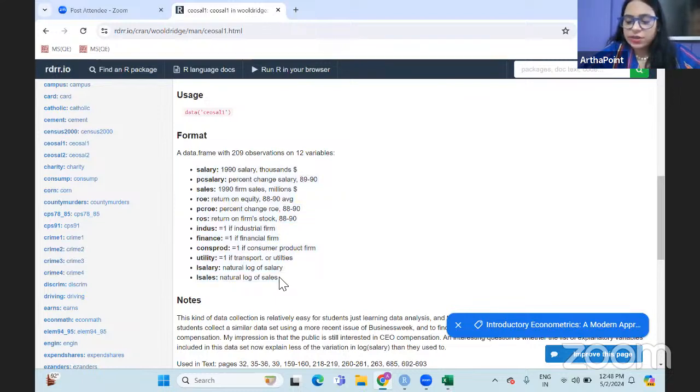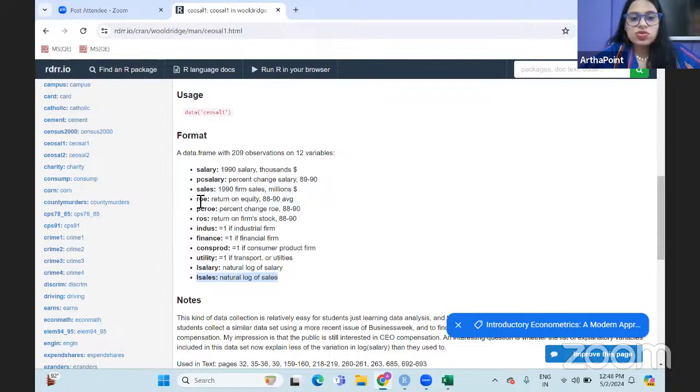So if you look, beta, he has already given you the salary of CEOs and the log of salary is also already given to you. So you don't have to convert the variable salary into log. Log form is already given to you. Similarly, in this data set, sales is given to you, but also log of sales is already given to you.